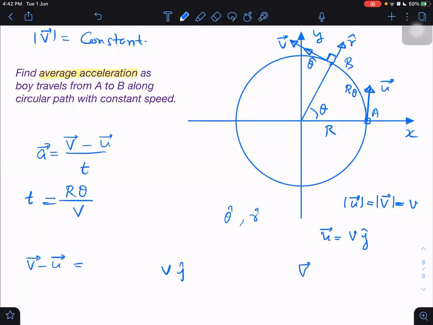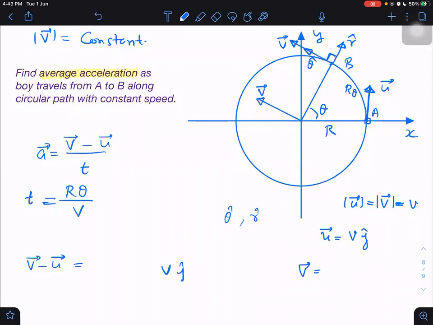But what is the final velocity? If I want to find the final velocity, do one thing first. Take a vector parallel to the velocity vector. If I take a vector equal to the velocity and parallel to itself, but passing through the origin, then this vector will be the same as v only.